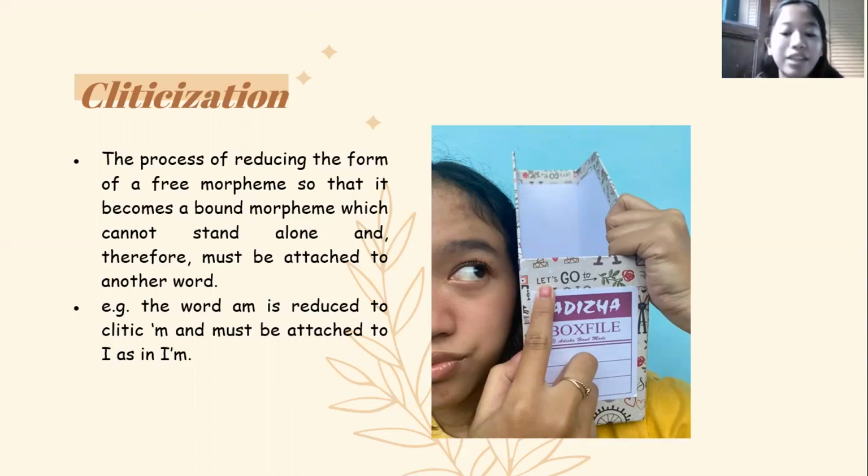And proclitics are clitics that attach to the beginning of the following word. For example, kurindu. The proclitic ku is a reduction from the free morpheme aku and attached to the following word rindu so that it can be combined as kurindu.